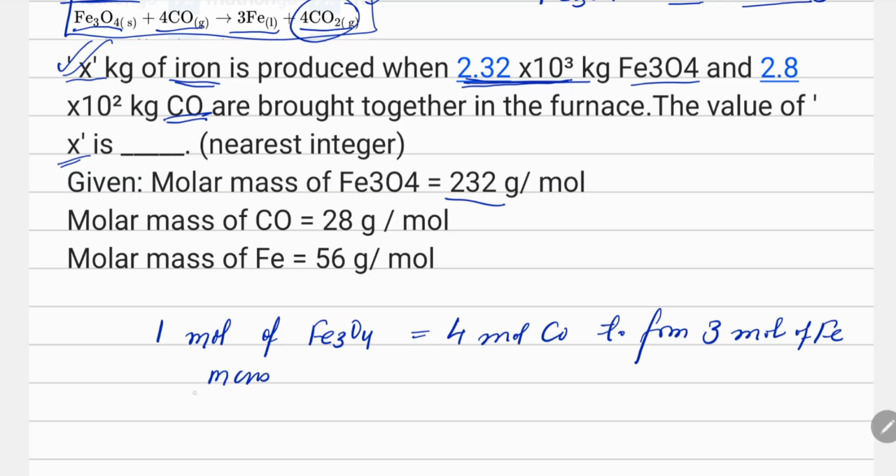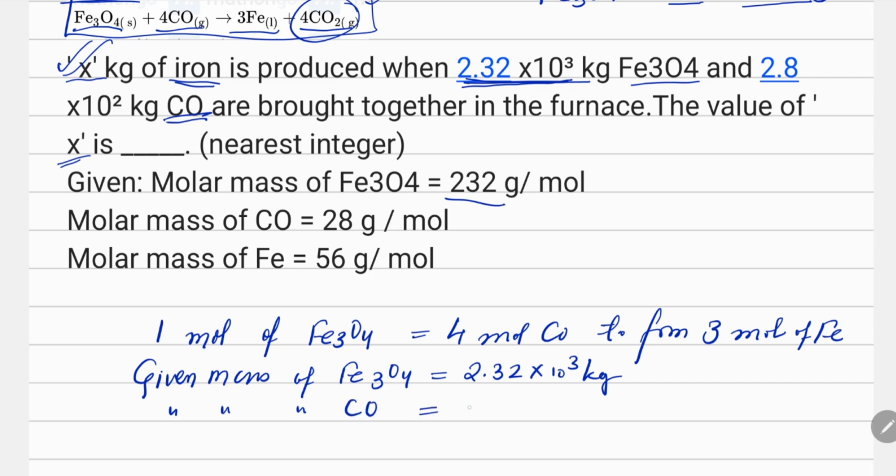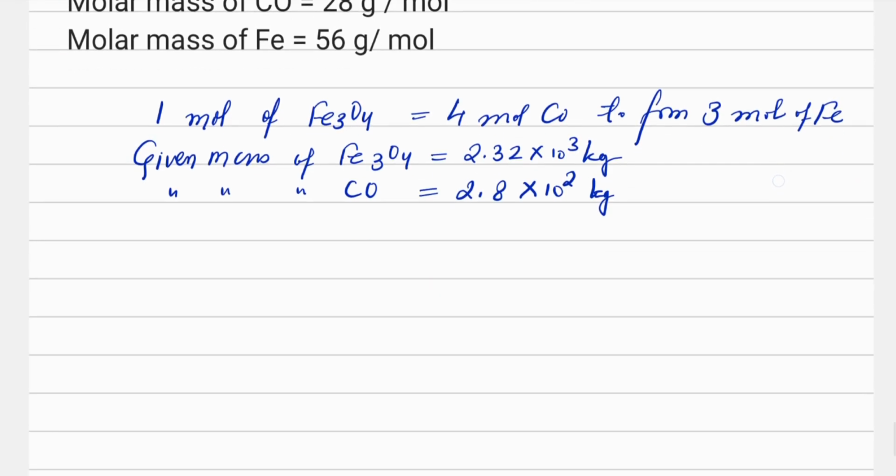The given mass of Fe3O4 is 2.32 into 10 to the power 3 kilograms, and the given mass of CO is 2.8 into 10 to the power 2 kilograms. Now convert these into number of moles.